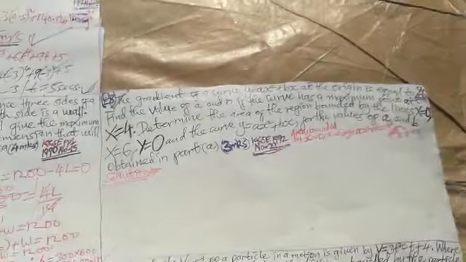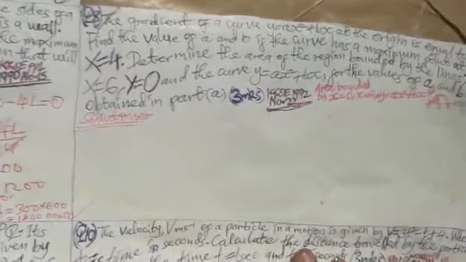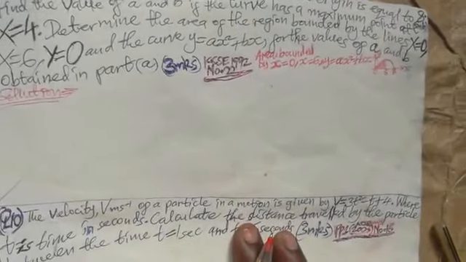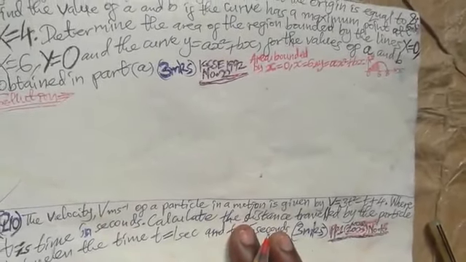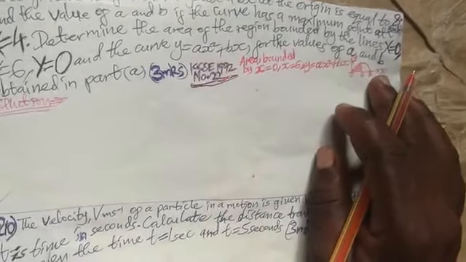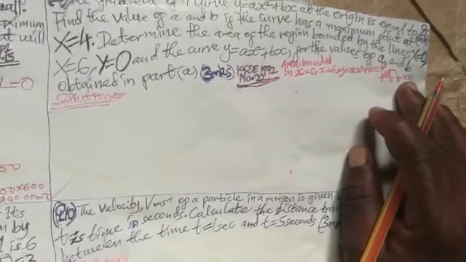Now we are going to question number 8. Question number 8 states that the gradient of a curve y is equal to ax squared plus bx at origin is equal to 8.